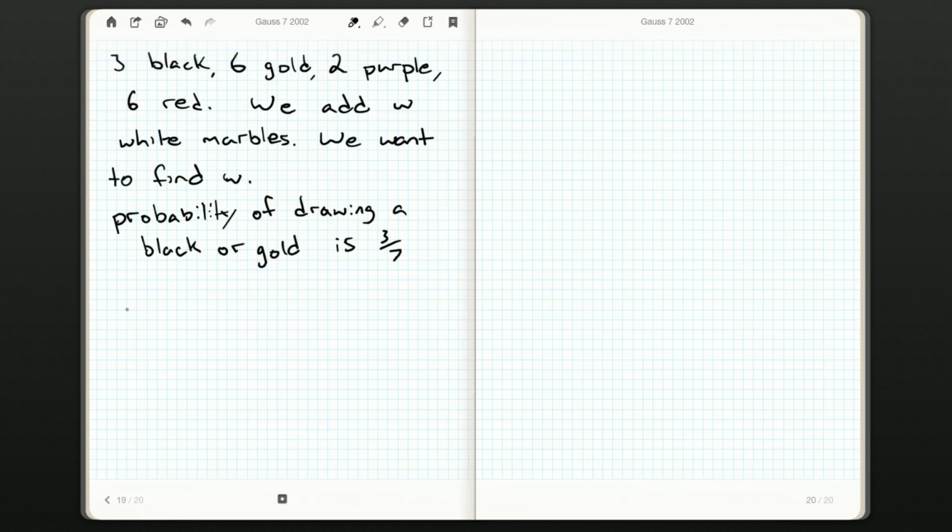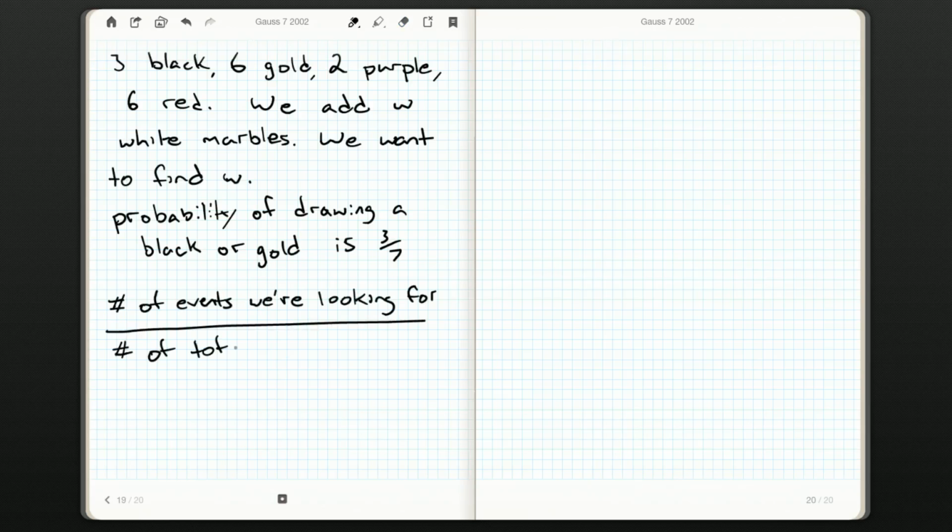Any probability is the number of outcomes we're looking for, out of the total number of outcomes. So that is what probability is.